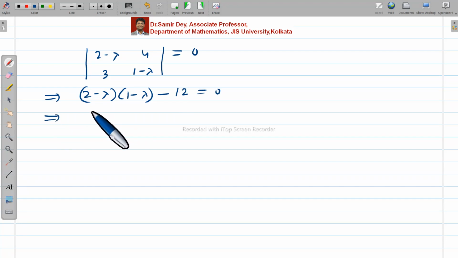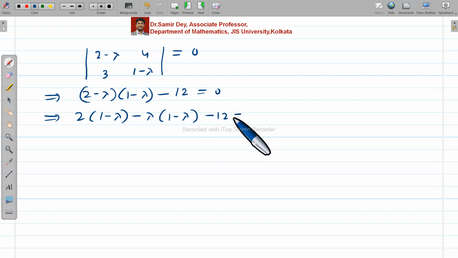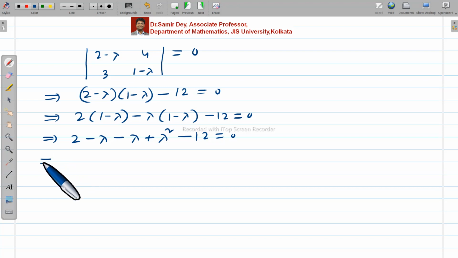So from here you may write 2 into (1 minus lambda) minus lambda (1 minus lambda) minus 12 equal to 0. So here it is coming 2 minus 2 lambda minus lambda plus lambda square minus 12 equal to 0. If I simplify, it is coming lambda square minus 3 lambda plus 2 minus 12, that is minus 10, equal to 0. Okay, so basically this is the characteristic equation of the given matrix A in terms of lambda.